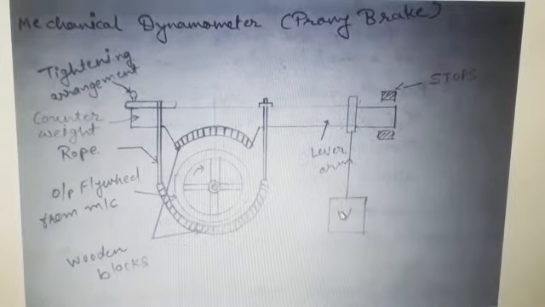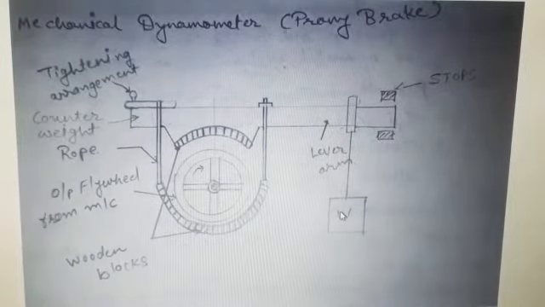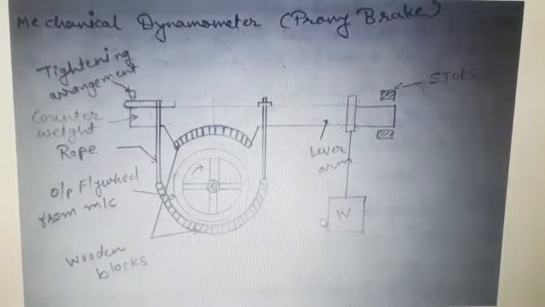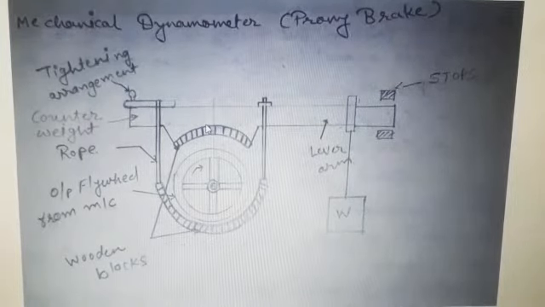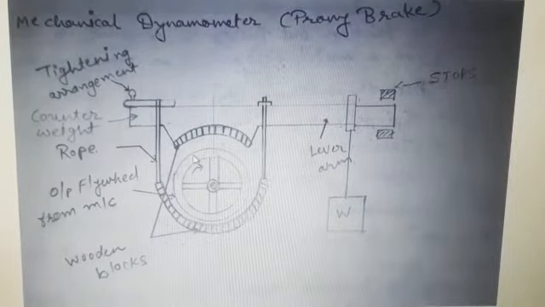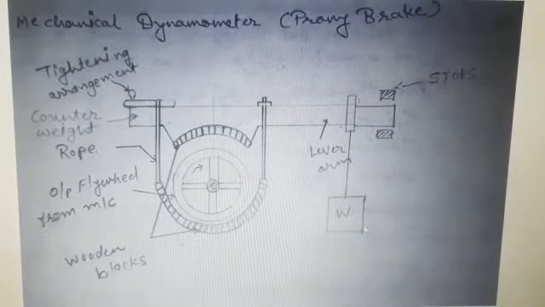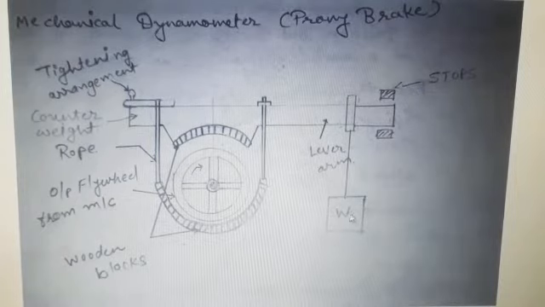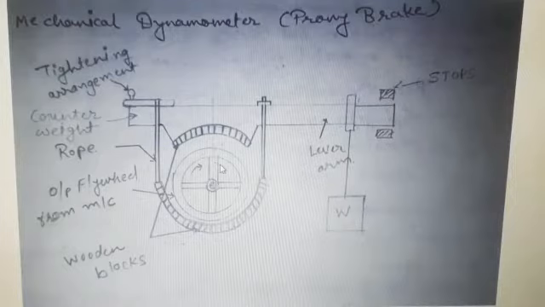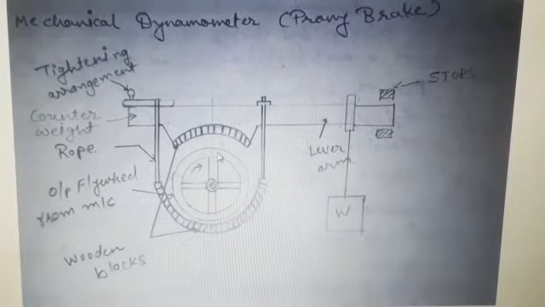As we go on increasing the value of load here, the wooden blocks come closer to the pulley. Once the load value has reached a value where the blocks just come in contact with the brake drum, then the brake drum stops.